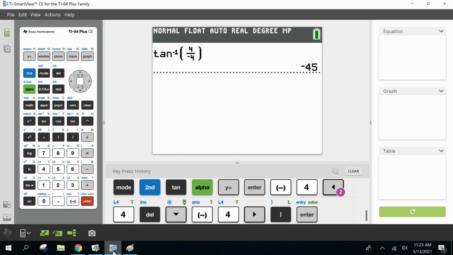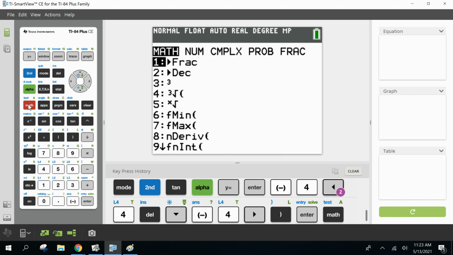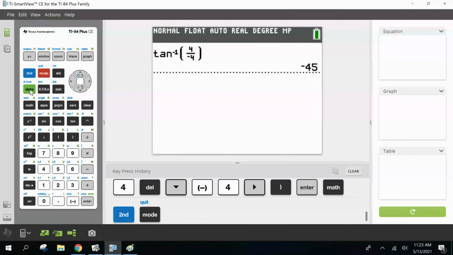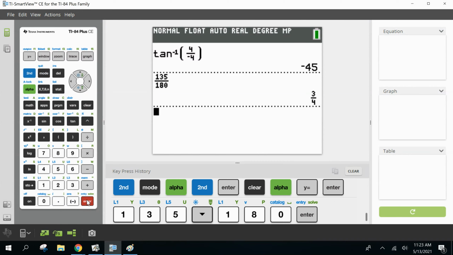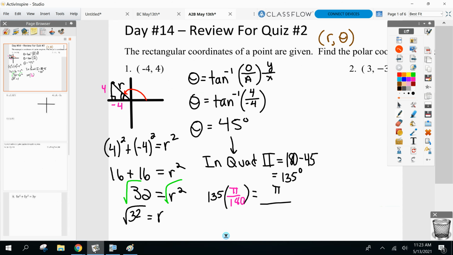So I'll get a fraction template and say, hey, 135 over 180, can you please reduce that for me? Thank you. 3 over 4. So my angle, 3 pi over 4.